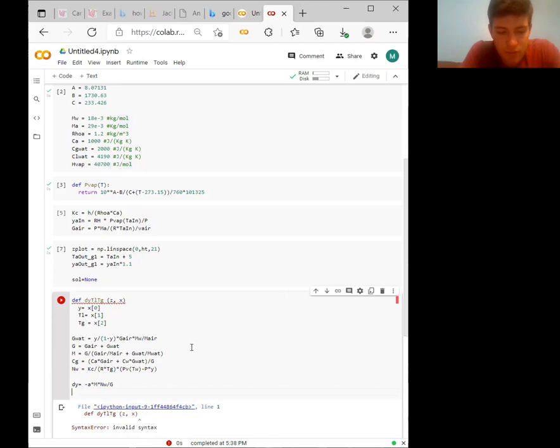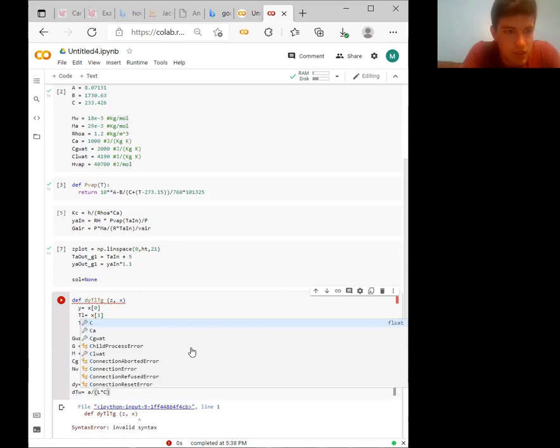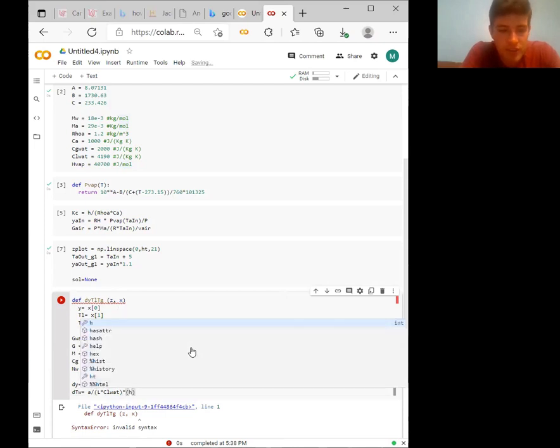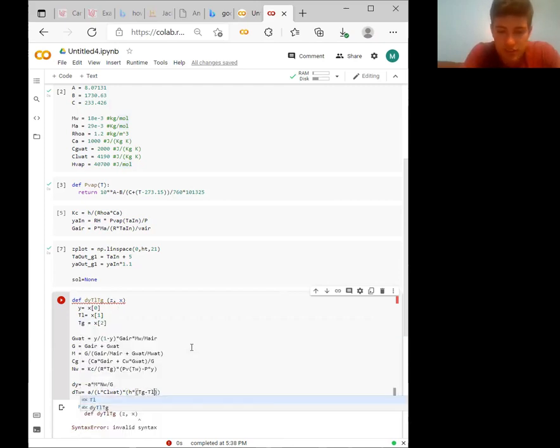Just like that, we have the rate of the temperature of water is equal to the cross-sectional area divided by the liquid molar flow rate multiplied by the specific heat for the water, which is CL up there, and then multiplied by the heat transfer coefficient, which is multiplied by the difference in temperature of gas versus liquid.